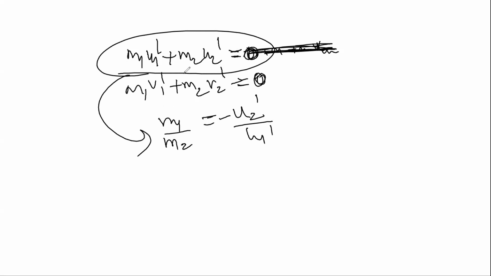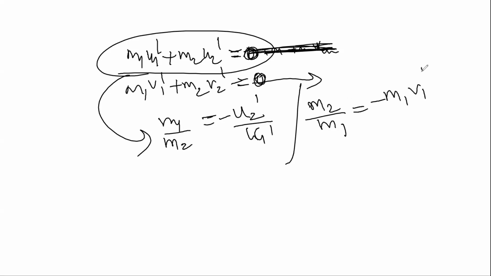Dividing by m2 on both sides in this equation, I get m1 by m2 equal to minus u2 dash by u1 dash. Similarly, from the other equation, I'll get m2 by m1 equal to minus v1 dash by v2 dash, and from the first, m2 by m1 is minus u1 dash by u2 dash.